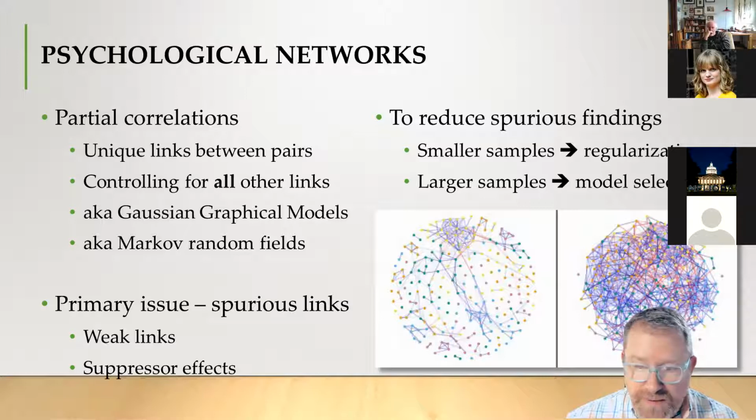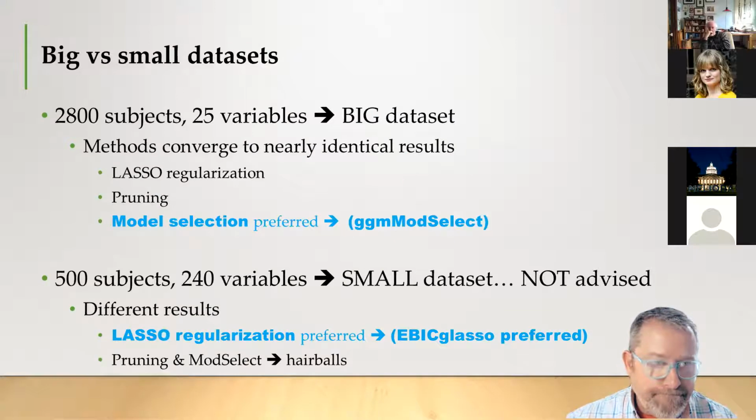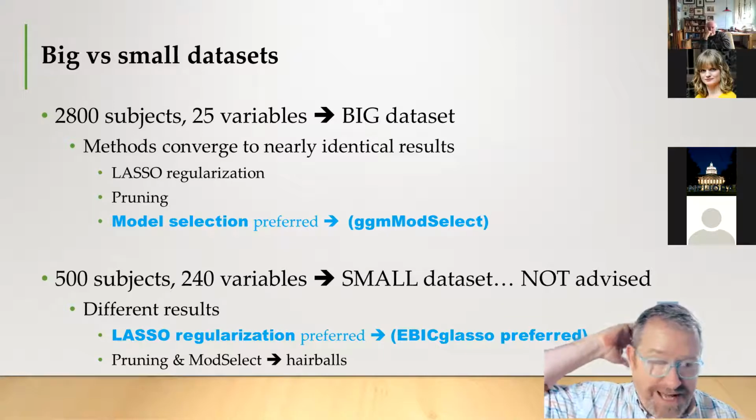In larger samples, instead of doing regularization, they recommend doing model selection techniques. So I'm going to show you two of the main forms of regularization people use and the main form of model selection that Sasha recommends. I'm calling him Sasha. I've never met him, and his first name's way easier to pronounce than his last name. So what is a big versus a small data set?